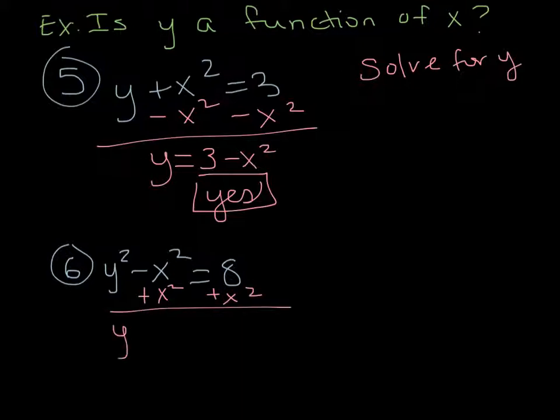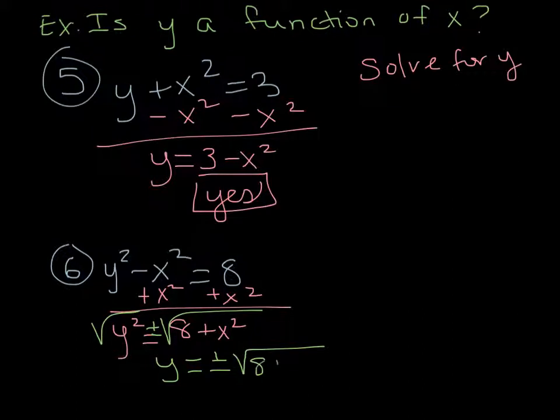That will give us y squared equals 8 plus x squared. We kind of run into a problem when we take the square root of both sides. The reason is because when you take the square root of both sides, you must include a plus or minus. So we will get y equals plus or minus the square root of 8 plus x squared.